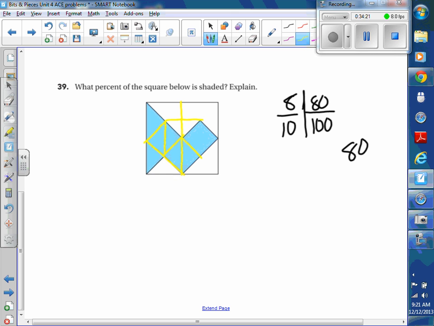So let's see. The picture kind of looks like a fish. You see the fish? Oh yeah.